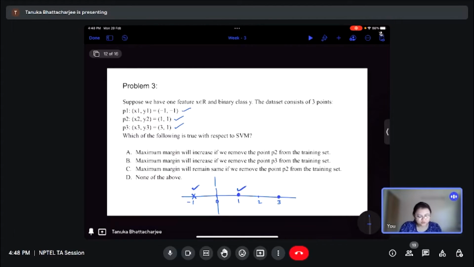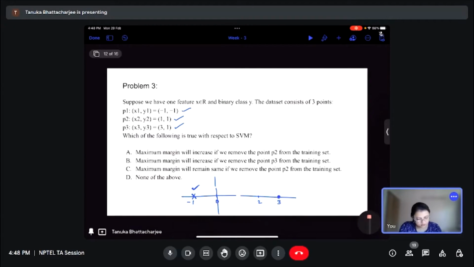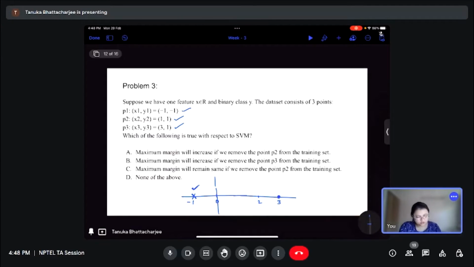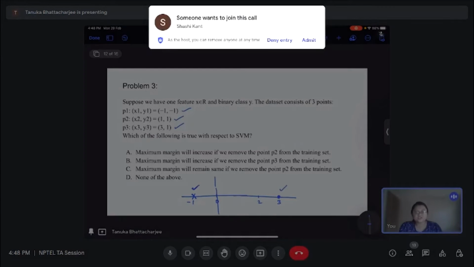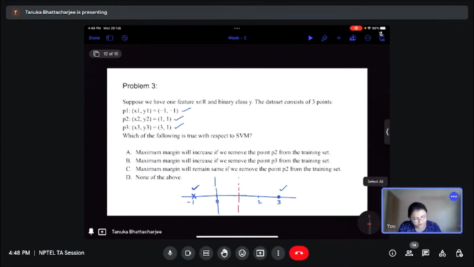Now if you remove this point P2, this point 3 becomes your new support vector. So your decision surface will be shifted and it will be somewhere here, and you have a larger margin in this case.